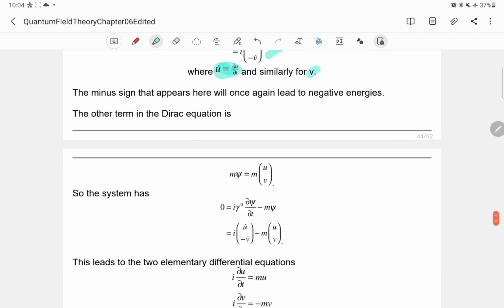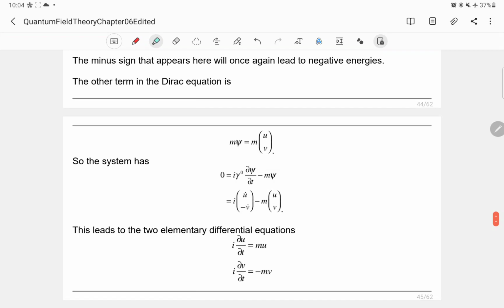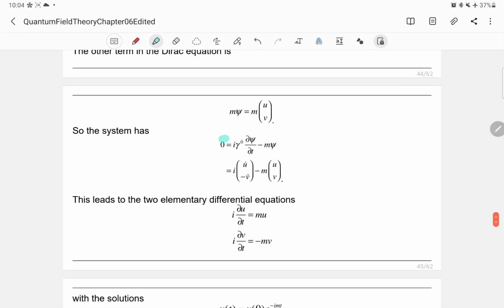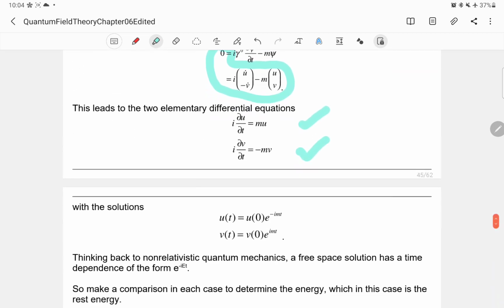Doing the same operation for m, finally we will have this equation here. So we have two elementary differential equations, one dealing with particles and the other dealing with antiparticles. If you solve them, you will have solutions of this form.